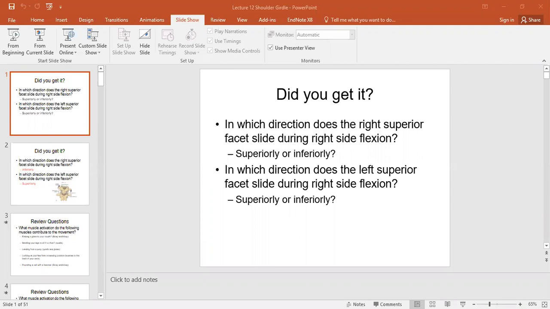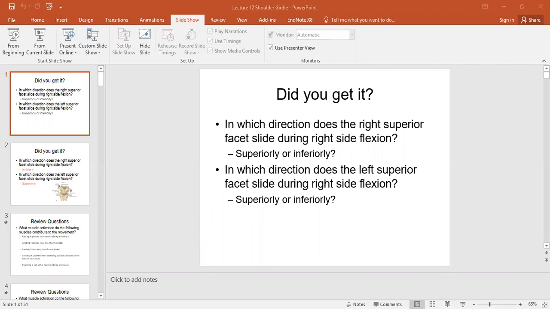So you have to think about where you want the medial border of the scapula. Do you want it upwardly rotated like that, or do you want that medial border to stay vertical? So you shrug your shoulders, right? And that is an elevation. You abduct your arm, and that's when you're doing the upward rotation.